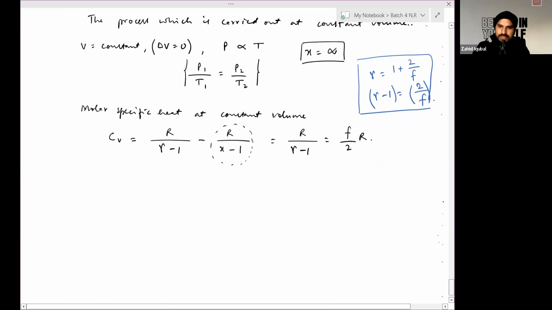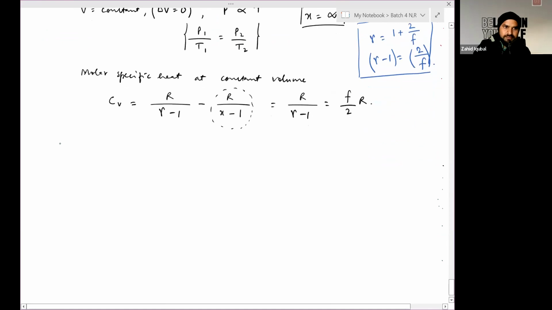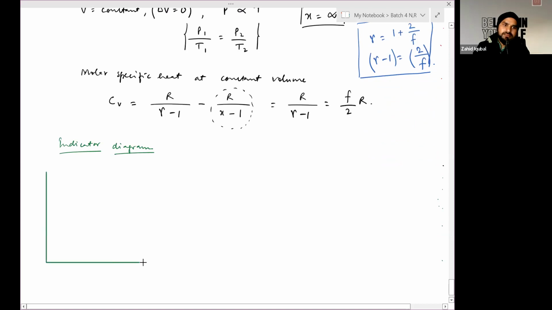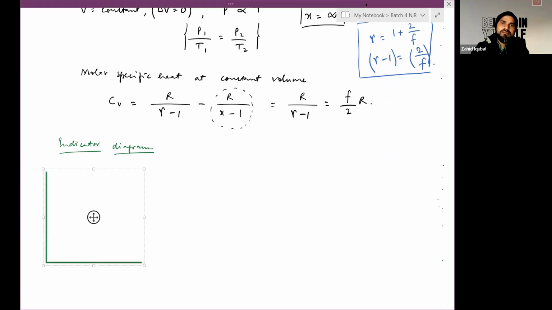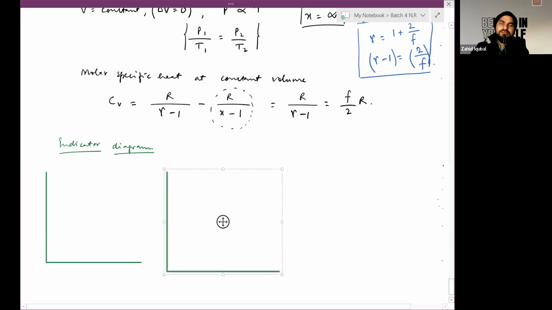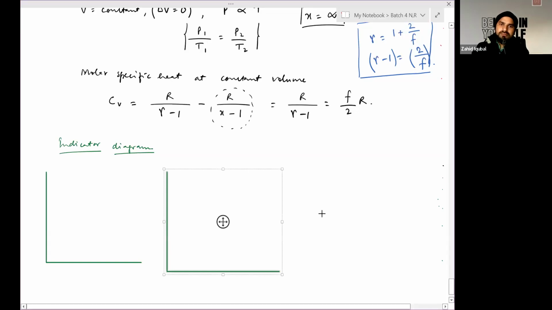Now we have to plot indicator curves related to this part: pressure versus volume, volume versus temperature, and pressure versus temperature.